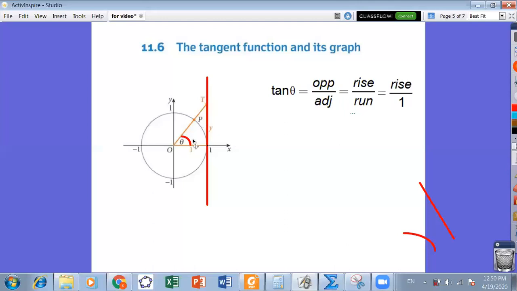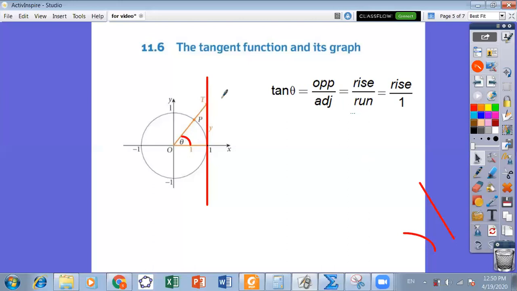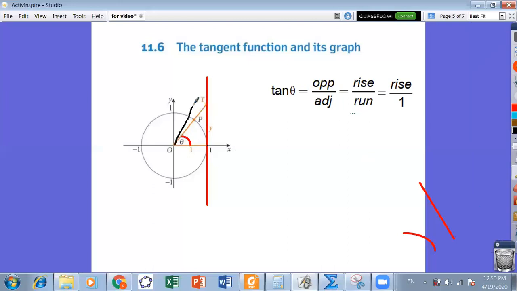You've already noticed that as the angle gets bigger, the length is also getting longer.